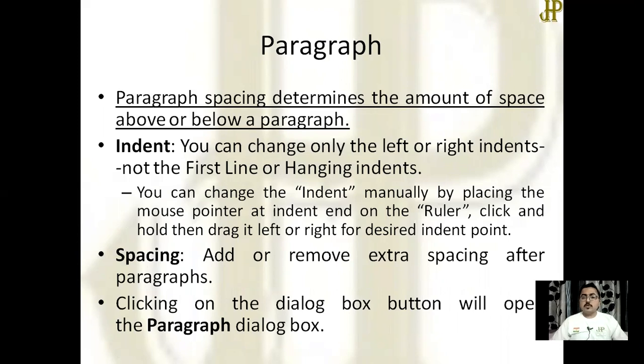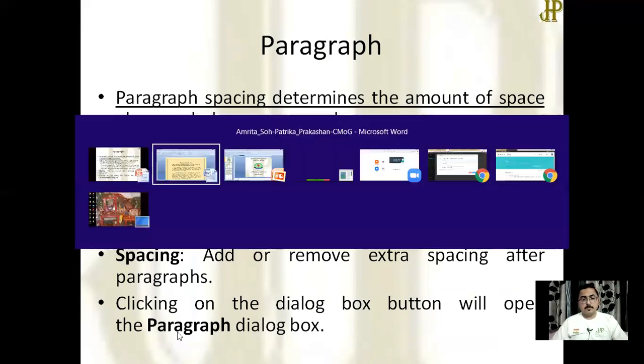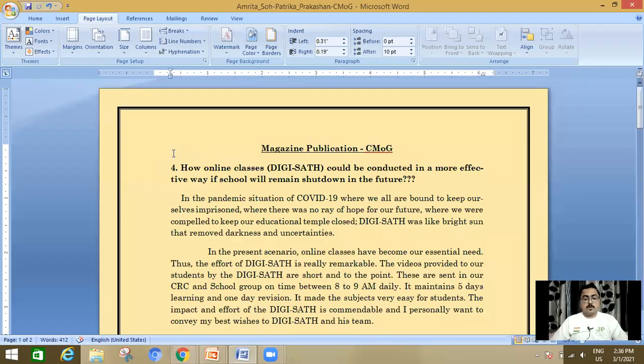You can change the left or right indentation. You can also change the indent manually by placing the mouse pointer at the indent end on the ruler. So, I'm going to give you the practical sense here.